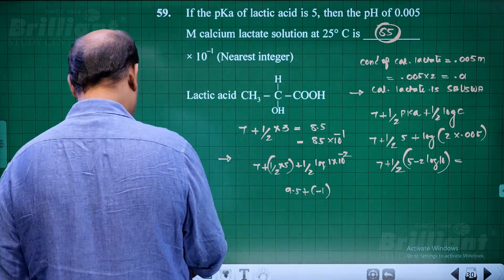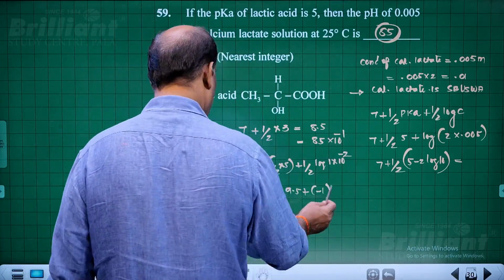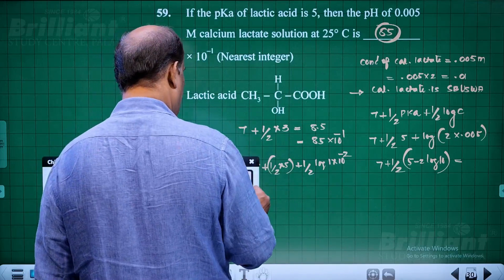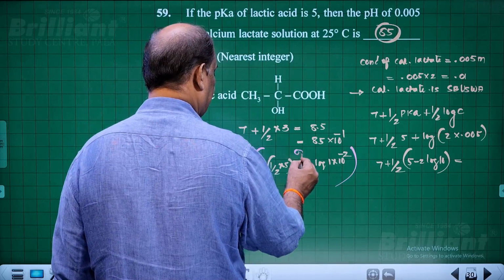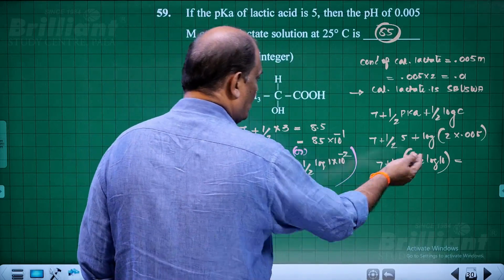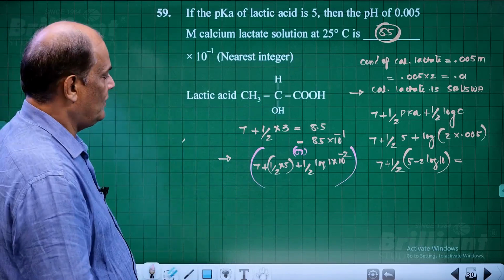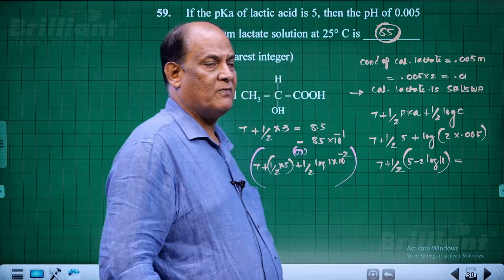This way also we can calculate. Directly we can write this in only one step. Both are the same. Right. So it is going to be around 8.5, nothing but 85 into 10 to the power of minus 1.